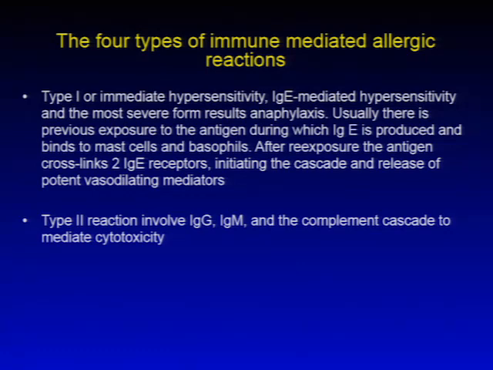There are 4 types of immune-mediated allergic reactions. Type 1, or immediate hypersensitivity, is IgE-mediated hypersensitivity, and the most severe form results in anaphylaxis. Type 2 reaction involves IgG, IgM, and the complement cascade to mediate cytotoxicity.